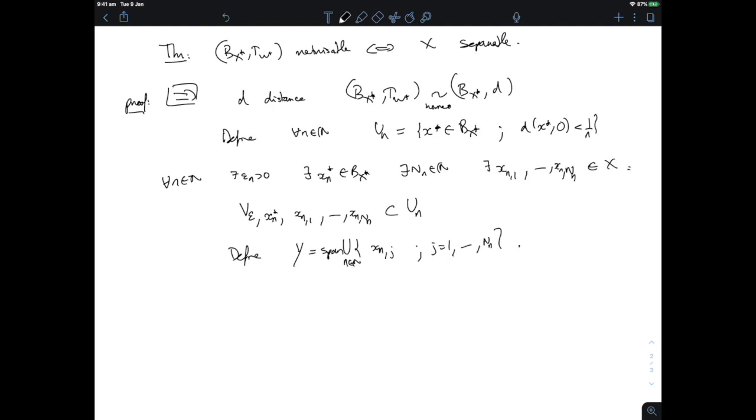So, okay, we will have proven that X is separable if we show that Y is dense. So I'm claiming that it suffices to show that Y perp is 0, because as we've seen, this would imply that Y bar is X, hence X is separable.